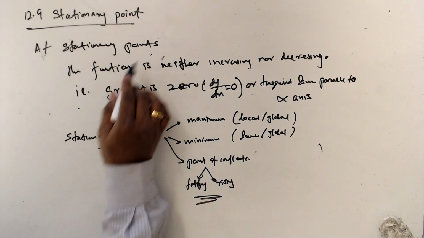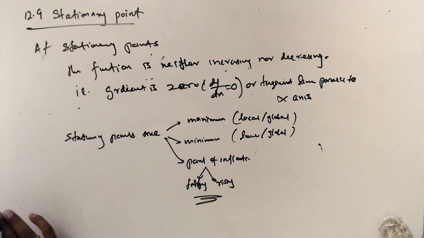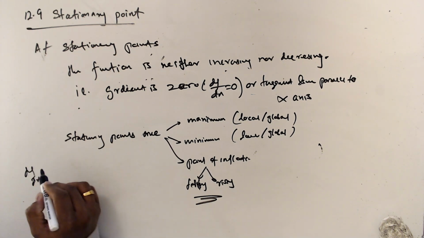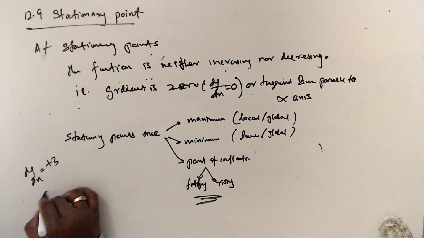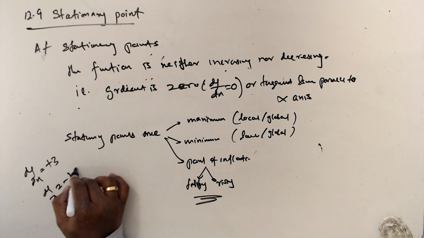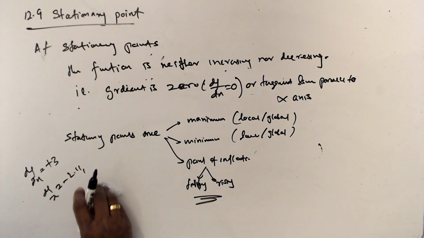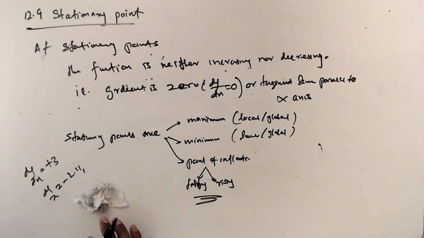At a stationary point, the function is neither increasing nor decreasing. So when you find dy by dx, if you see a value like plus 3 or minus 245, then it is not a stationary point, because it has a value.